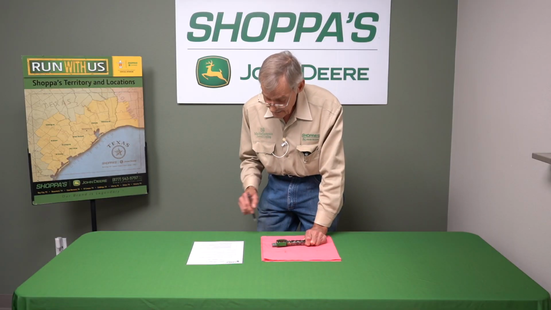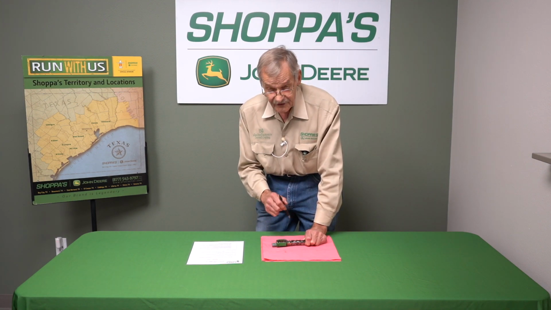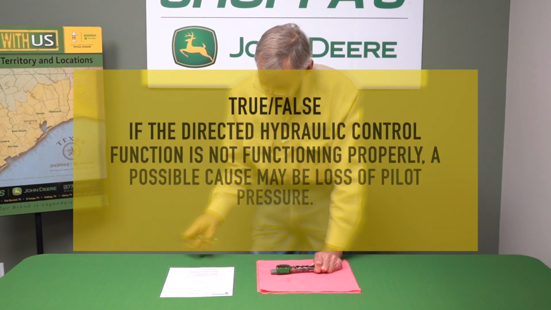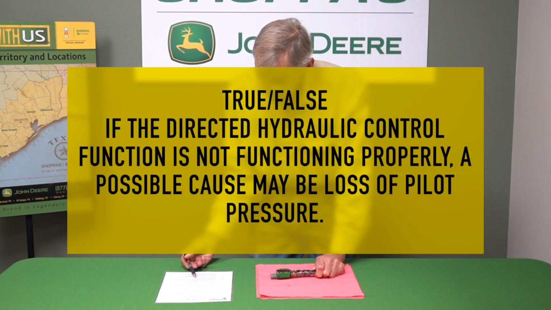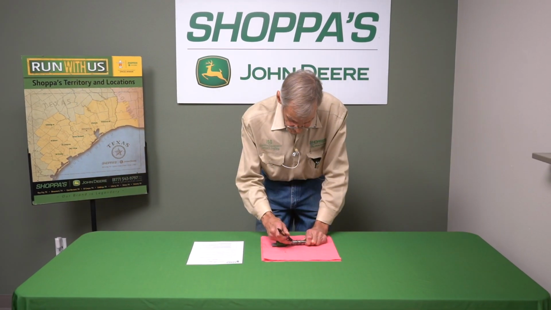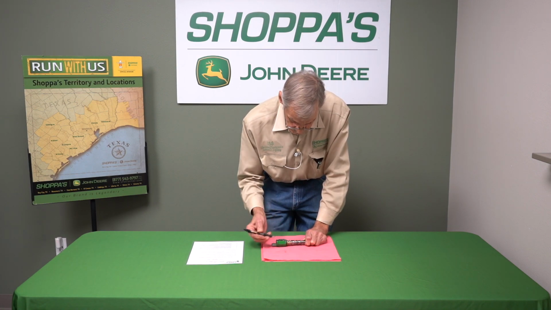So if that coil fails, then whatever this is functioning will not work. Next, if directed hydraulic control function is not functioning properly, a possible cause may be loss of pilot pressure. That's true. You have pilot pressure, which comes in and assists in movement of the spool.